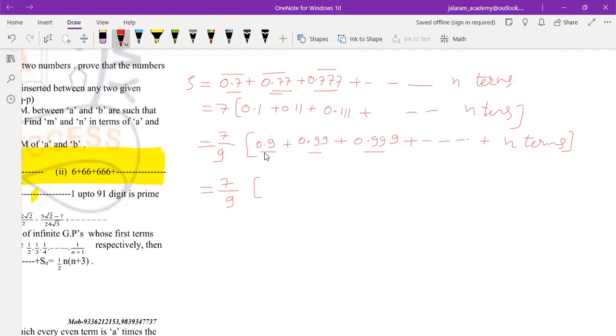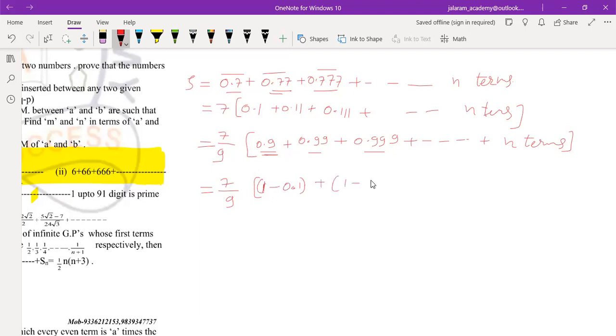Now to convert it to a GP, first we check which integer this 0.9 is nearest to. We observe it is nearest to 1. So we write 1 minus 0.1, since subtracting 0.1 from 1 gives 0.9.